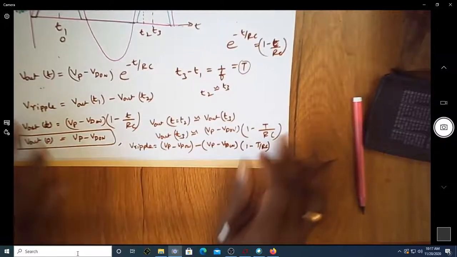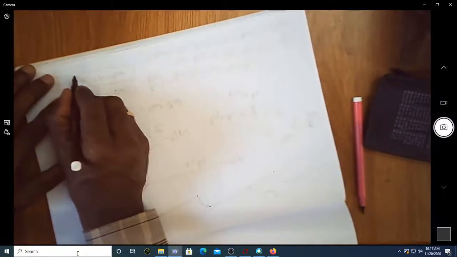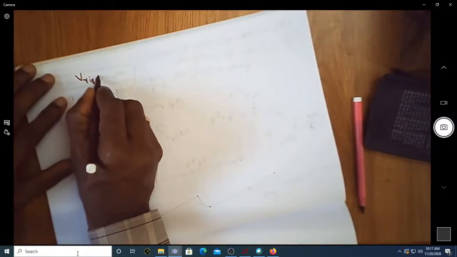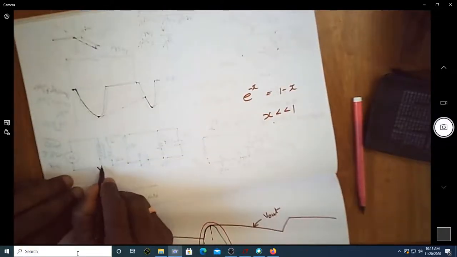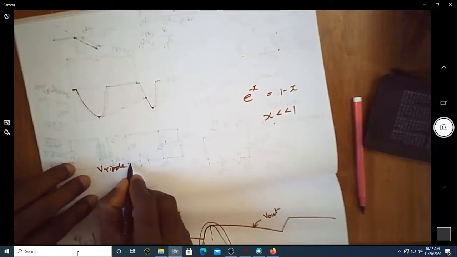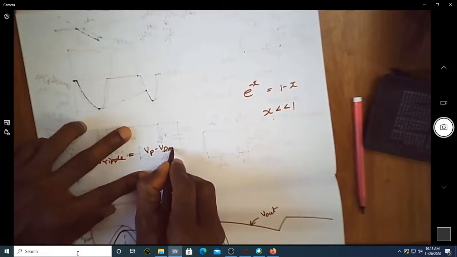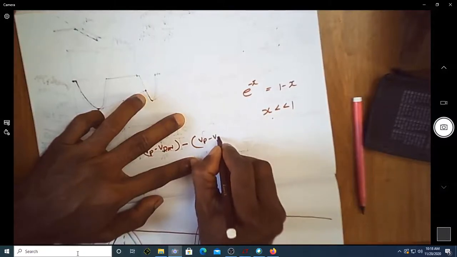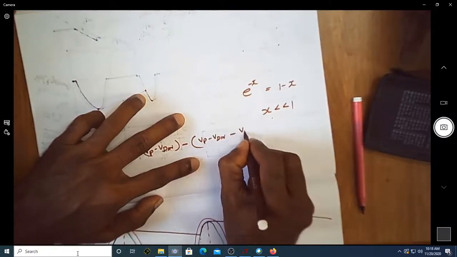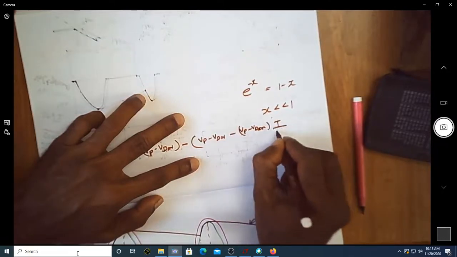If you simplify this, let me write it here itself. V ripple is equal to Vp minus V diode, minus of Vp minus V diode, minus Vp minus V diode into capital T by RC.